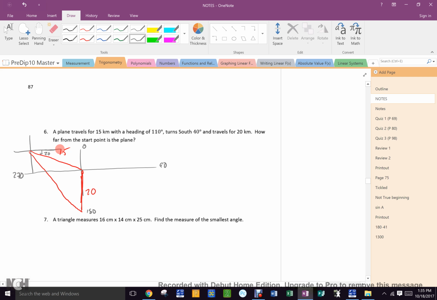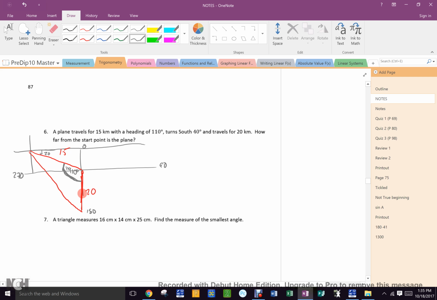And then I'm going to continue this line along here. If that's 20, what's that? Just in here. Guys, 20. If that's 20, what's this? 90. So what's the whole thing? 90 plus 20. Which is 110 degrees.